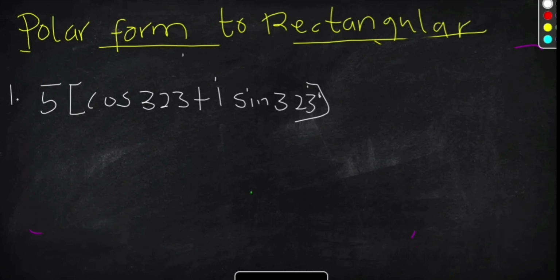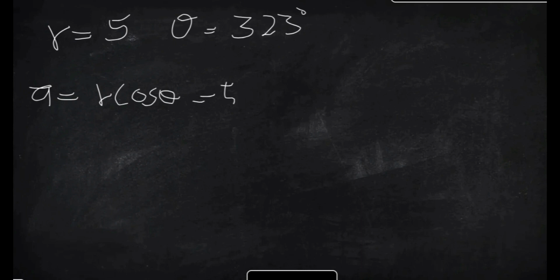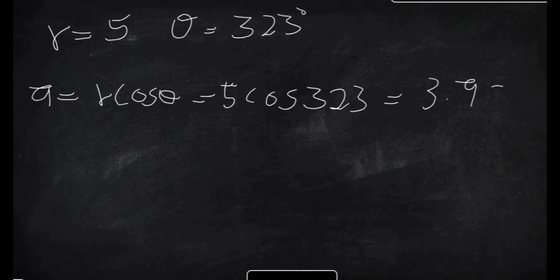So this is in a polar form, and to convert it into a rectangular form, a plus bi, having a radius of 5 and an angle of 323 degrees, we have our a equal to r cos theta, which is 5 cos 323. That gives a value of 3.99, and in approximation is 4.